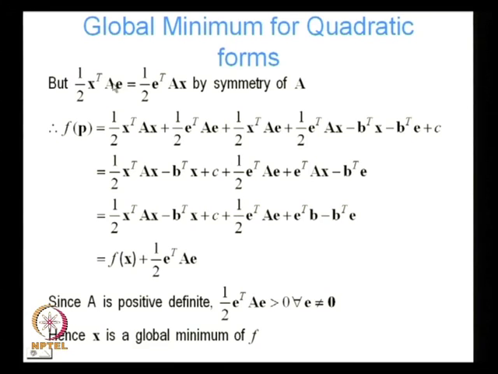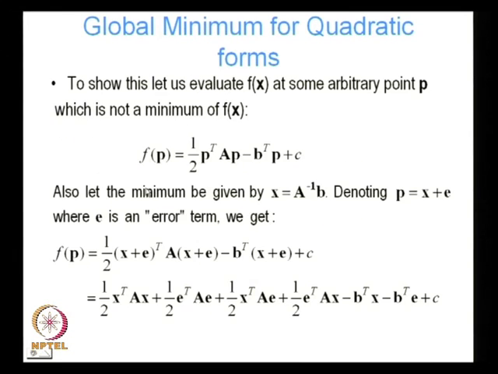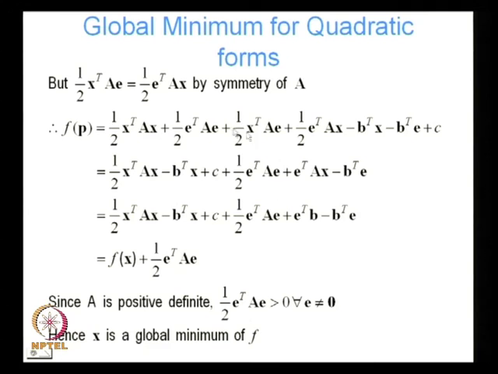So if I do that, then I have f of p is equal to half x transpose Ax plus half e transpose Ae plus half x transpose Ae plus half e transpose Ax, which is basically just the previous equation. I have rewritten that just for convenience, right. Then I collect the terms half x transpose Ax, minus b transpose x plus c, and then I have half e transpose Ae.